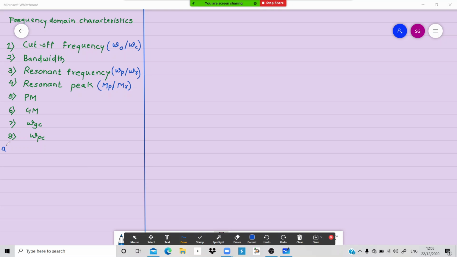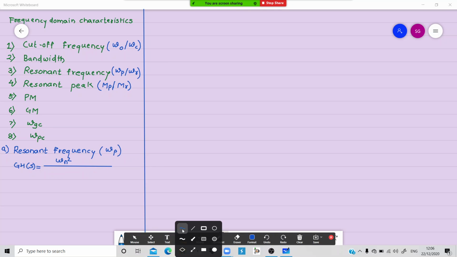First one, let us say A, and that is the resonant frequency. I'll write omega P. Okay, so G H of S is equal to omega n square upon, taking the second order system, the most important one, right?